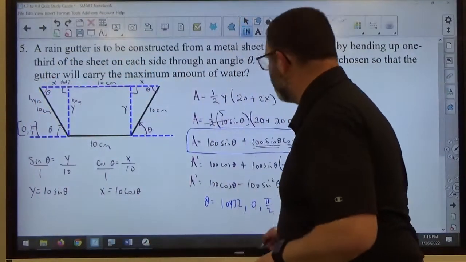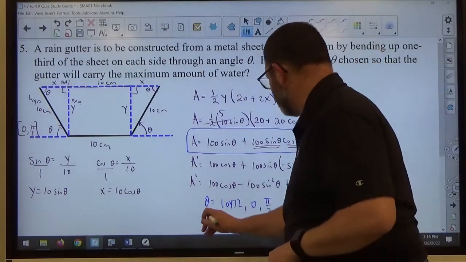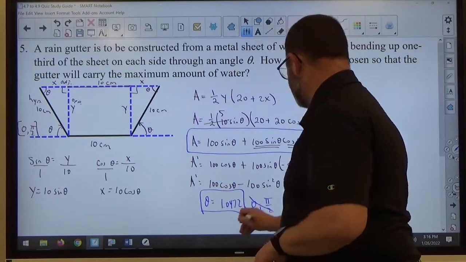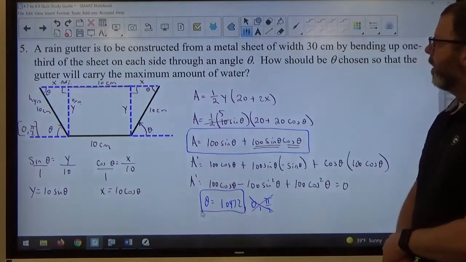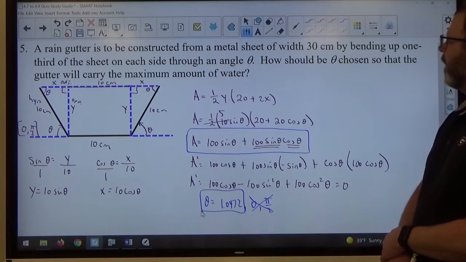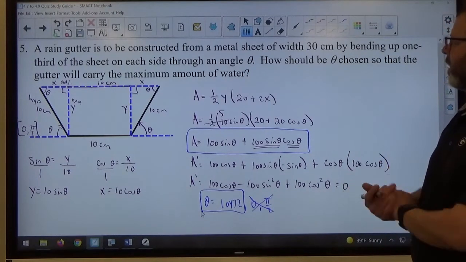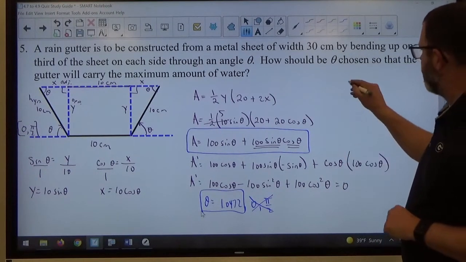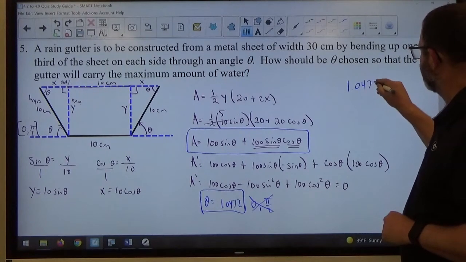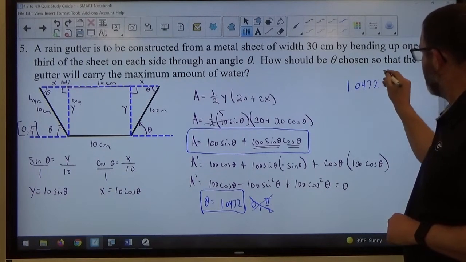So this would be, how should theta be chosen? Theta should be chosen as that. And it doesn't specify radians and degrees. So let's just pretend on the test I'm going to ask for both radians and degrees. So that's 1.0472 radians. That's the right answer.